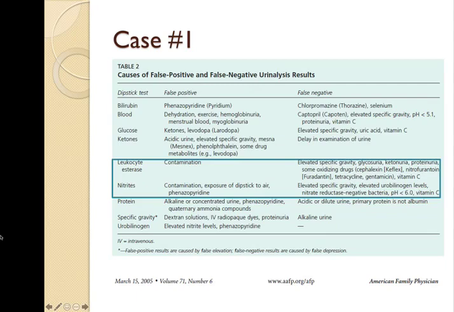And the same could be true with positive nitrites. As well as nitrites are very picky, and they can actually be negative if that dipstick is exposed to the air for an appropriate time, and if the urine contains phenazopyridine as well.